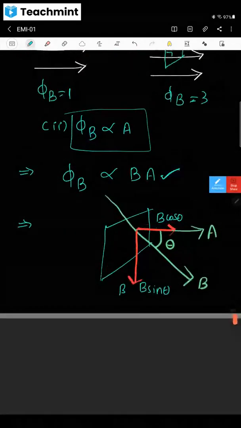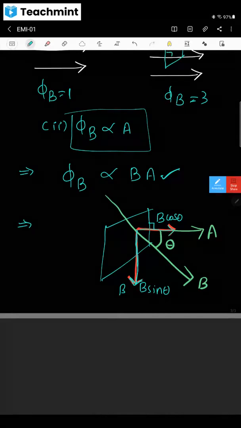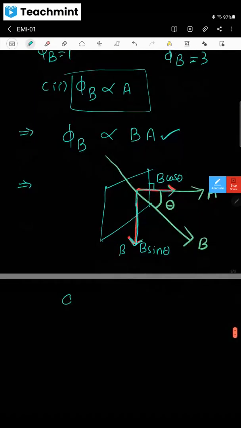So don't you think only B cos theta is perpendicular to the surface? How about this B sin theta? B sin theta is just passing over the surface, touching the surface. It is not going through the surface. When I come into the video, I'll explain it to you. So B cos theta has to be considered. What will be the magnetic flux there?